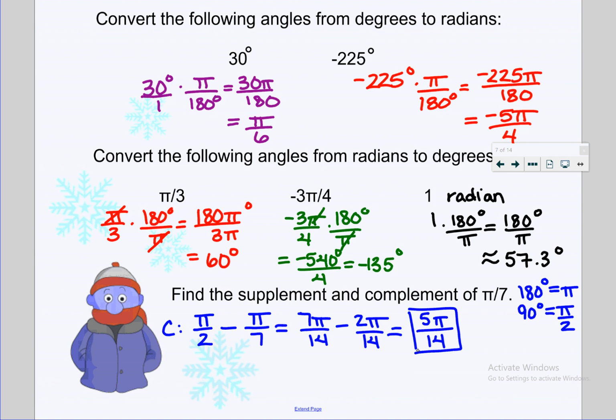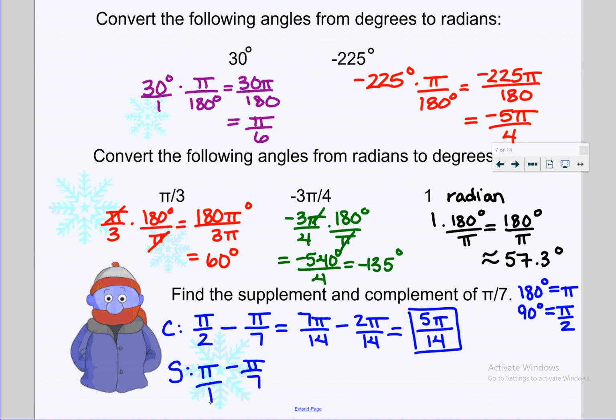Okay. Supplement, the only difference now, instead of pi over 2, 90 degrees, minus that radian measure, we do pi, which is 180 degrees, minus that radian measure. What's my common denominator now? First one's over 1, right?